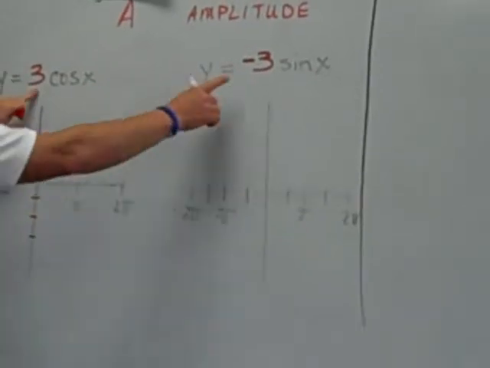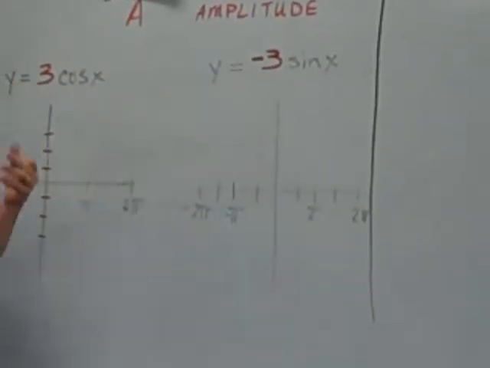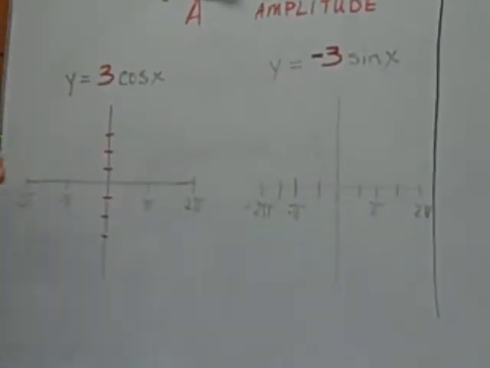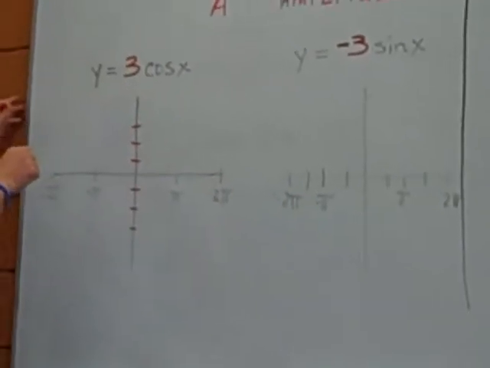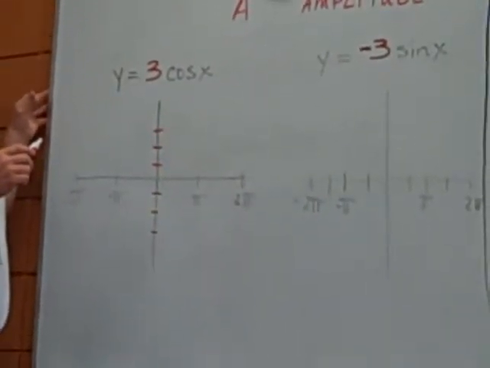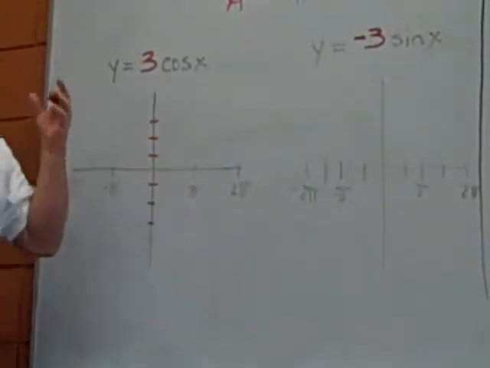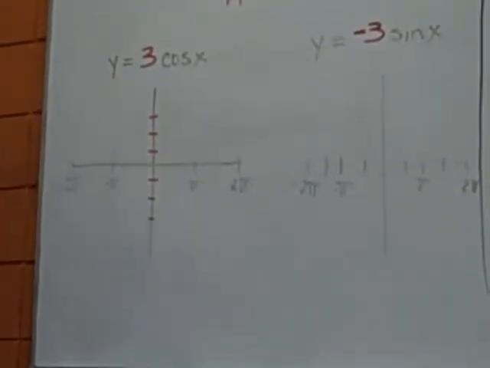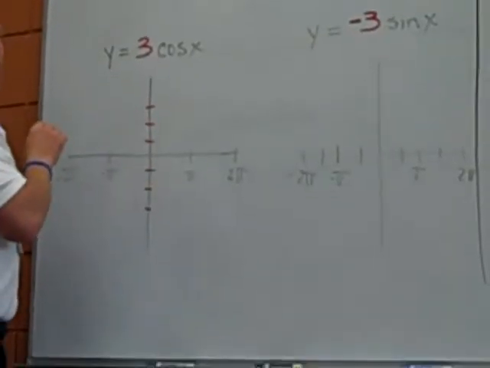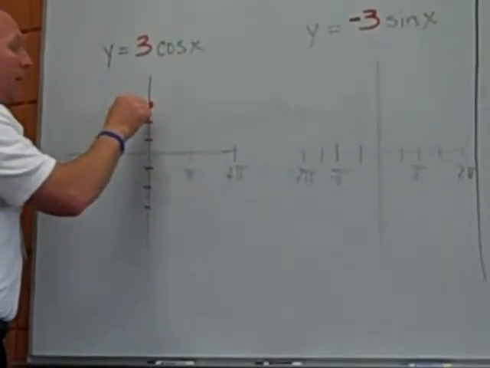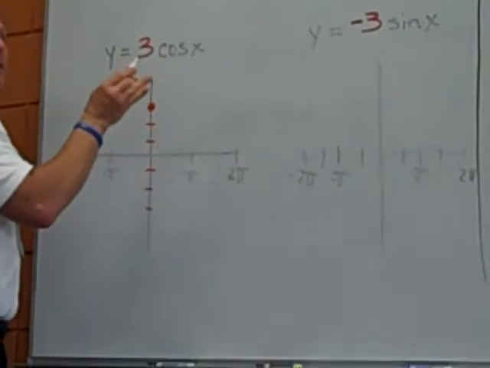Now the difference between these two is one is positive, one is negative. Agree? Okay. So cosine, what did we say? The cosine of 0 is 1. But 1 times 3 is 3. And we already know we're going how high, how low. So where are we going to start? Positive 3. Every other one is 0.